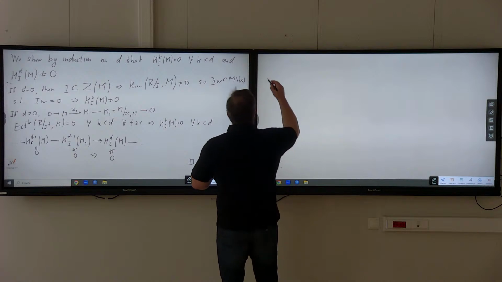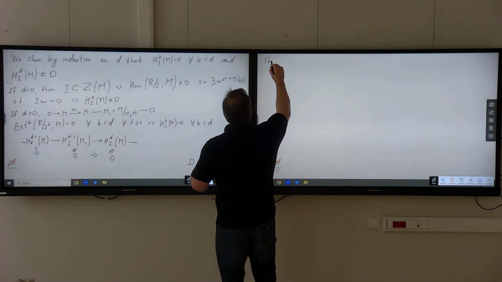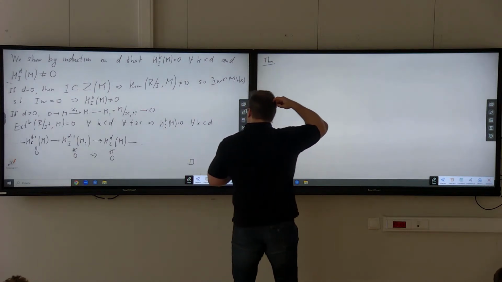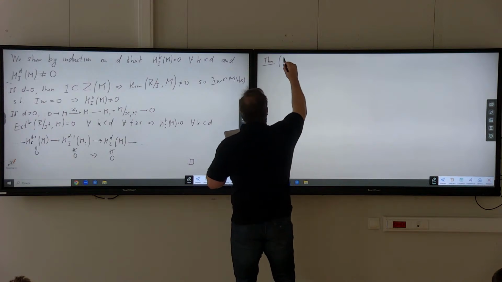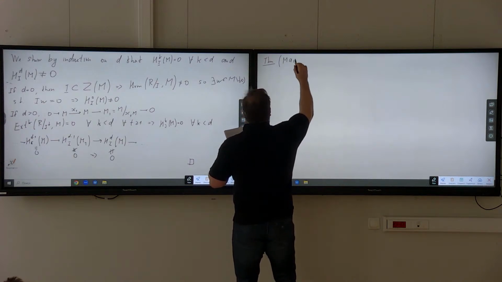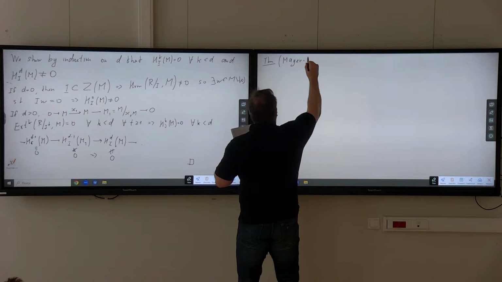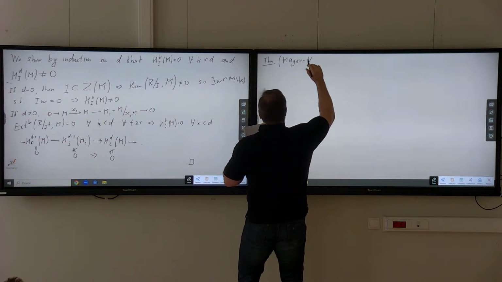Okay, so theorem. This is the Mayer-Vietoris sequence for local cohomology.